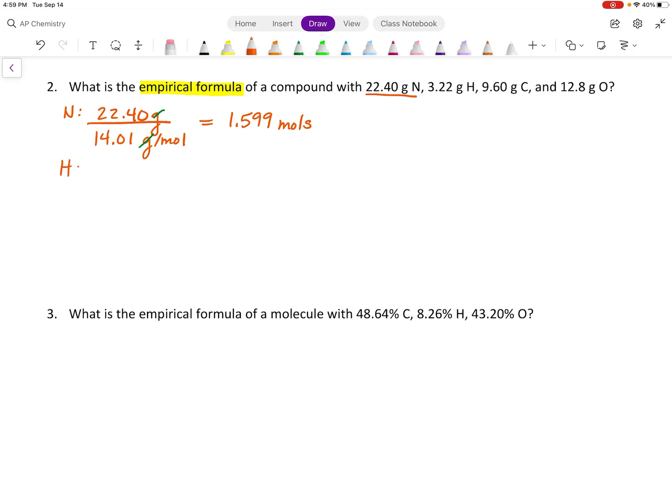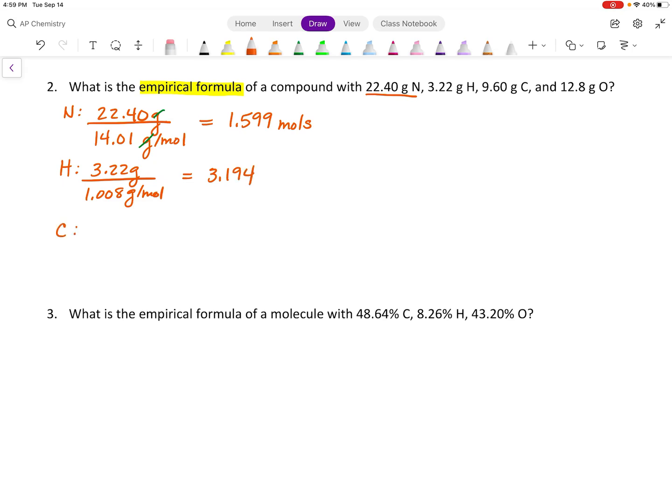Okay, we do that for hydrogen. So 3.22 grams divided by 1.008 grams per mole. Get 3.194, and so on and so forth.